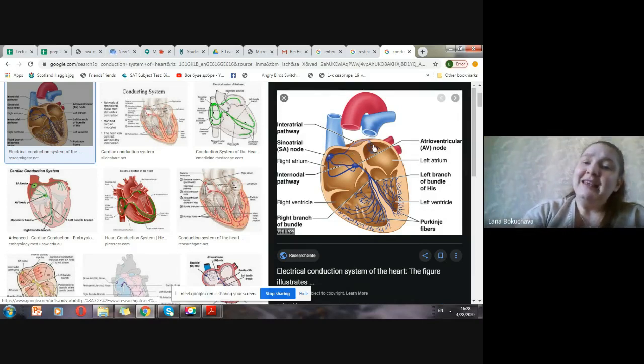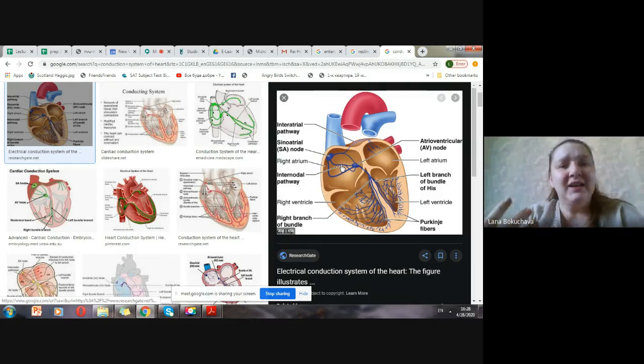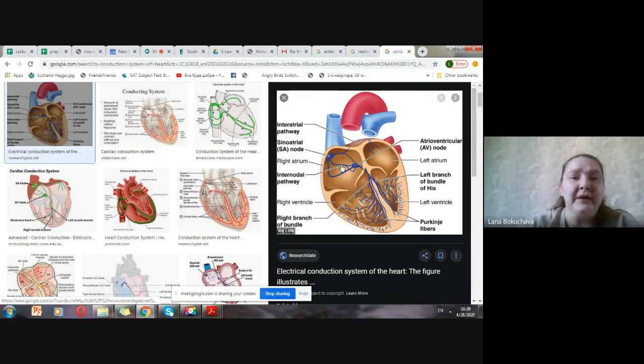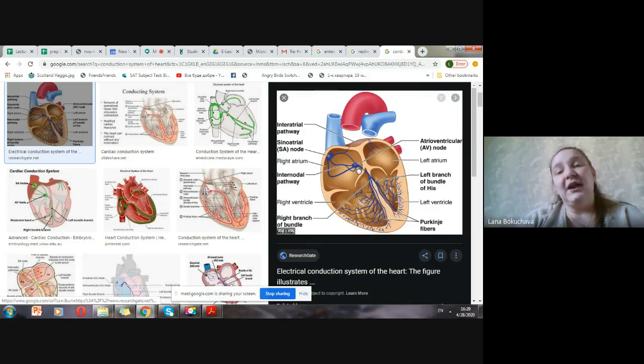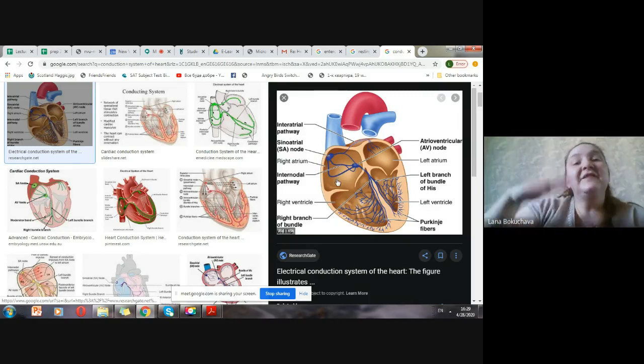Now, this action potential is propagated through both atria simultaneously, needing only a fraction of a second. As soon as it comes to the next aggregation of this type of cells, the AV node, or atrioventricular node, which is localized at the junction of the atria and the ventricles, there is a large amount of connective tissue holding the leaflets of the valves.